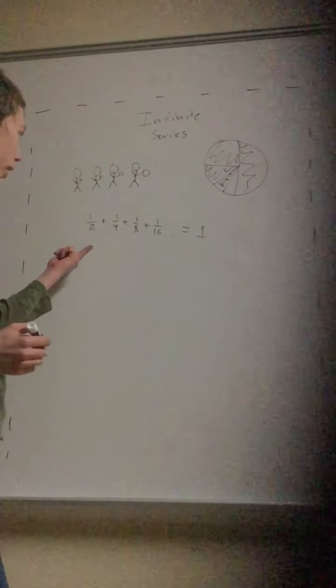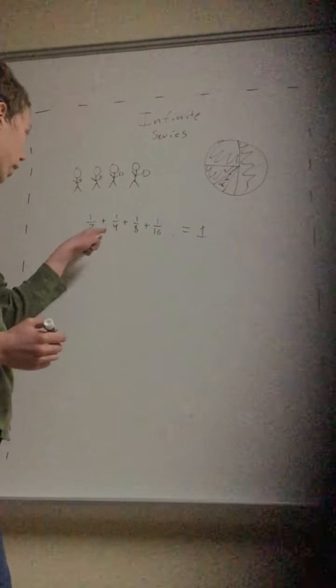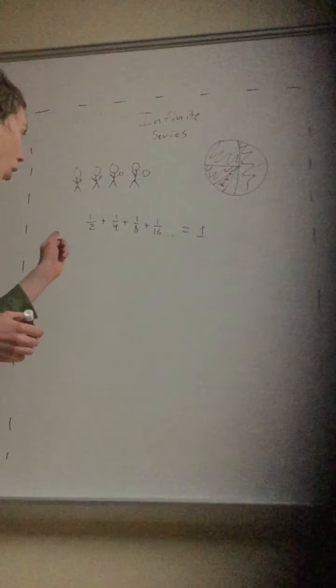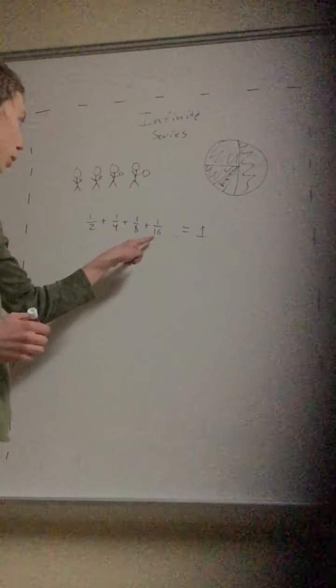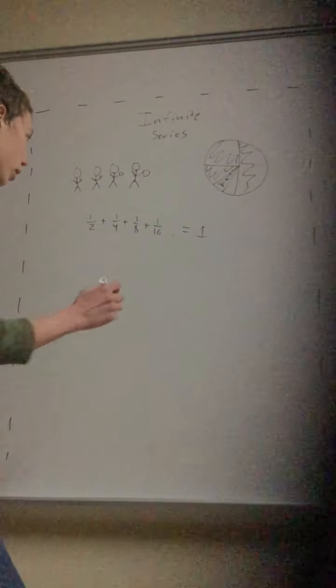The next thing you might wonder is, is this because these terms decrease? Remember that it's better to get half a pie than a quarter of a pie. All these terms are smaller. If the terms always get smaller, will it always be equal to something finite like 1 or 5 or 7?